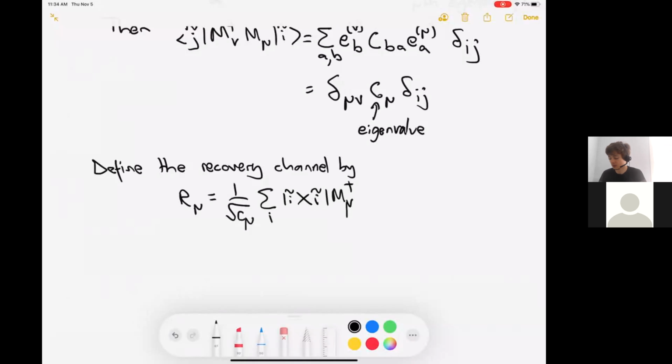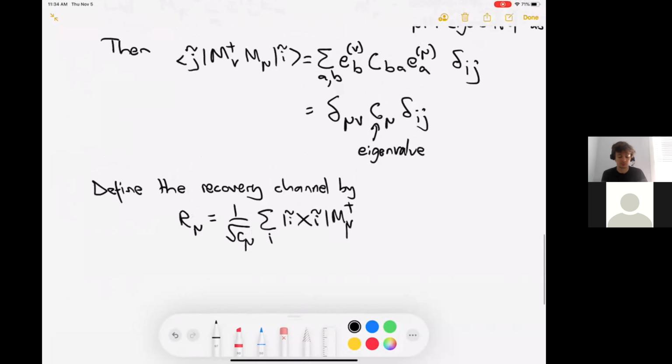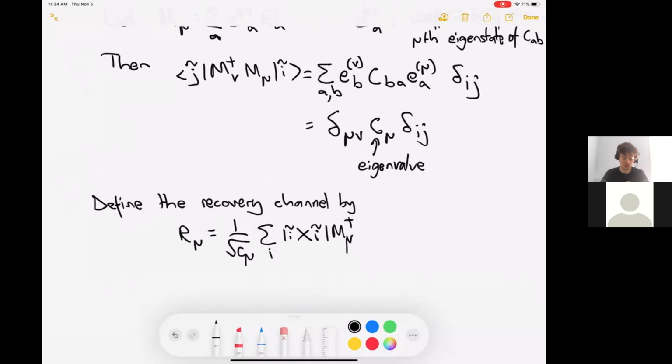Okay. So yeah, this is just a set of operators R mu.